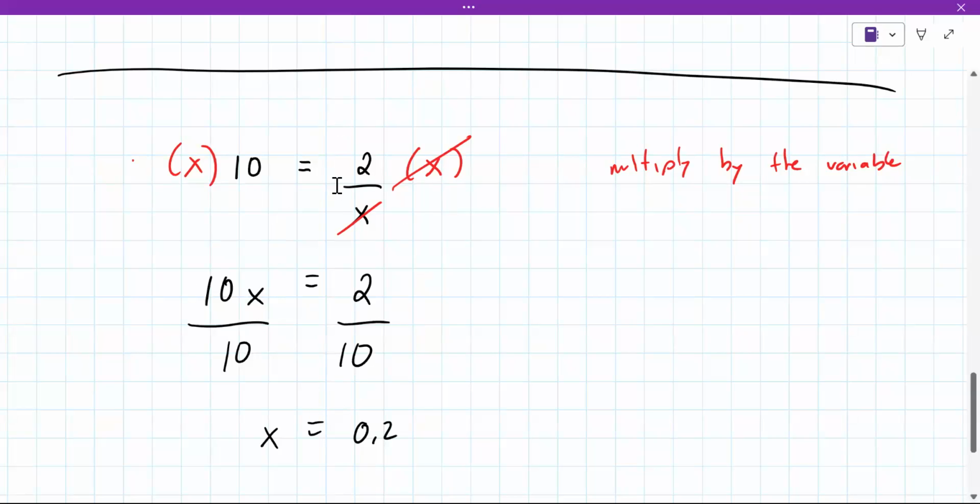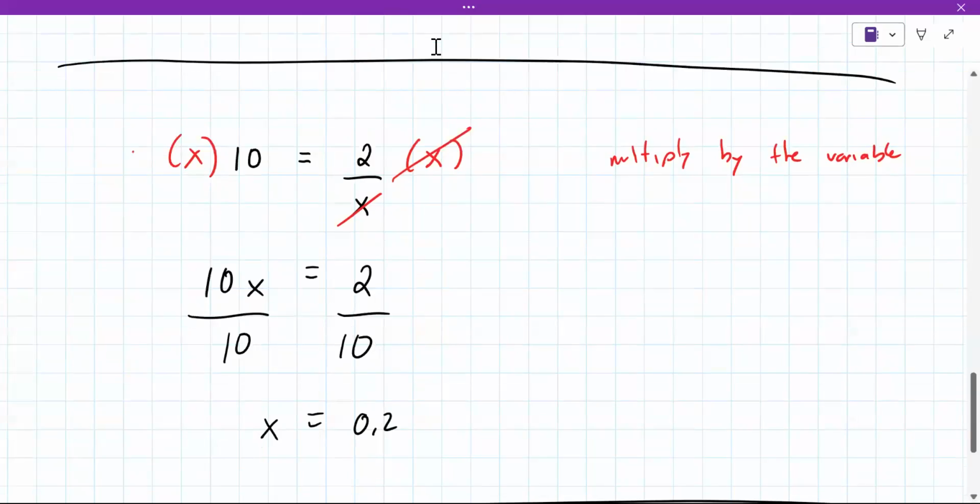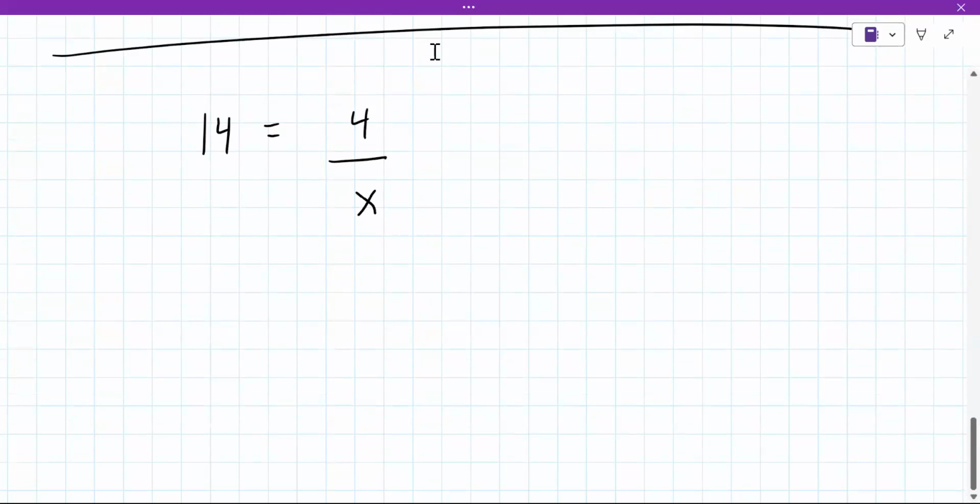Then send me a picture of what you've written for this problem. I want to see your work as well.